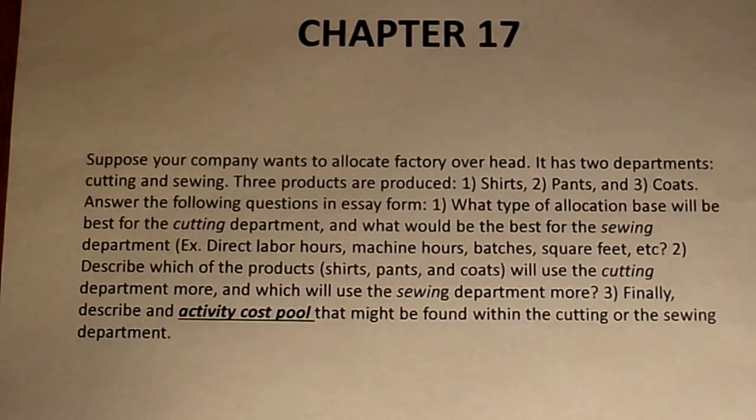Someone could probably make a case that either answer was right. And 3, use your imagination, look at the book, define or describe an activity cost pool that could be used or could be found within the cutting or sewing department. So this is an essay, and you're going to be expected to put something down that's logical, but there'll be several right answers.